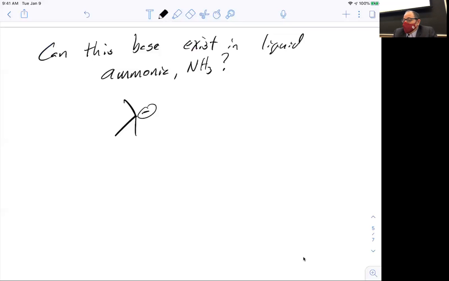All right, this seems like a really tough question. Can something exist in a solvent? For this one, we're really looking at a reaction. Something can exist in a solvent if it doesn't react with the solvent, or if the reaction with the solvent is not significant, meaning it could react with the solvent, but it would rather not.